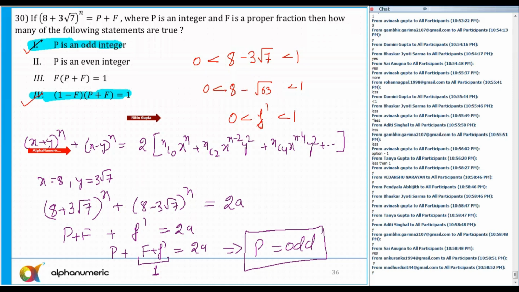So from here, I can say that the value of f plus f dash is equal to 1. So this implies f dash is equal to 1 minus f, isn't it?